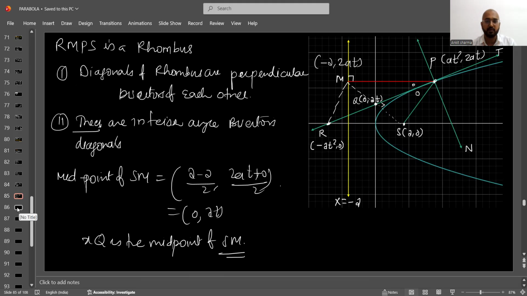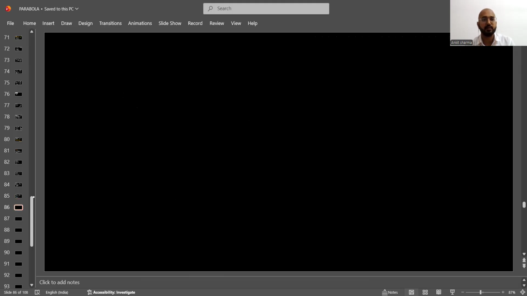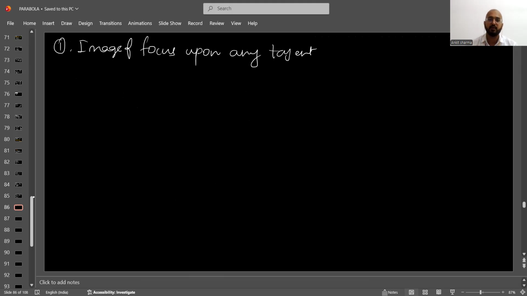So from this we can write down that the image of the focus upon any tangent to the parabola lies on the directrix.